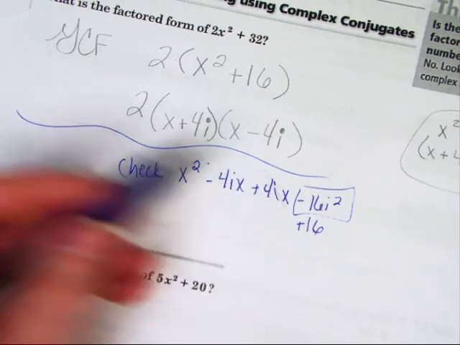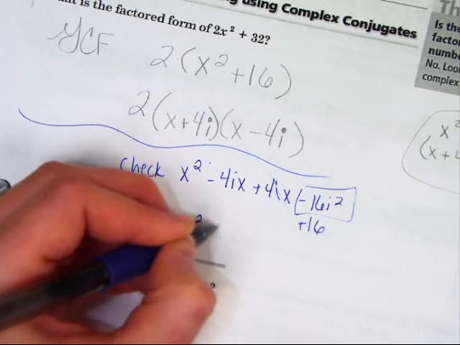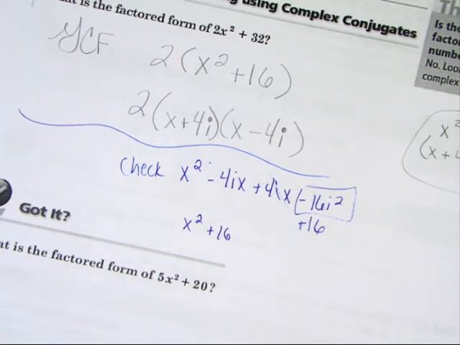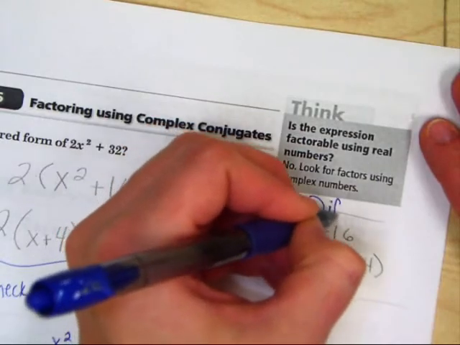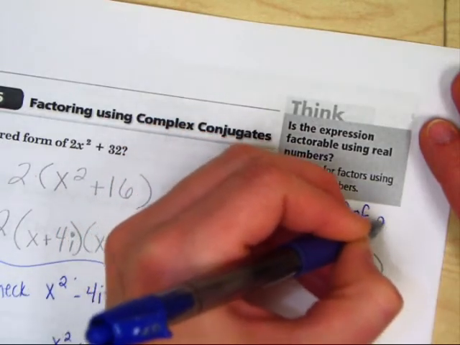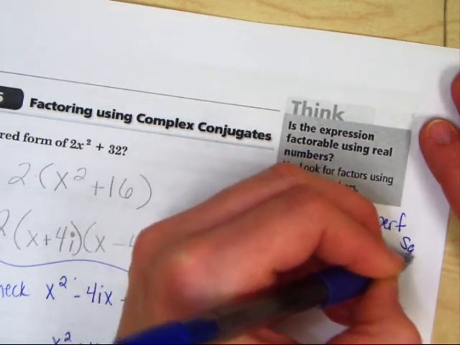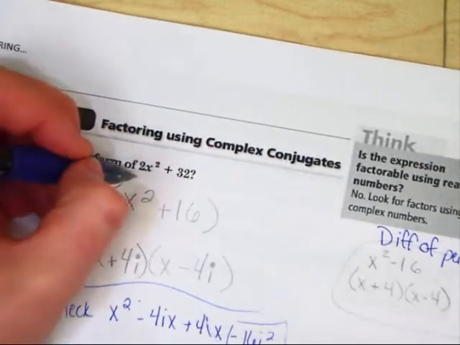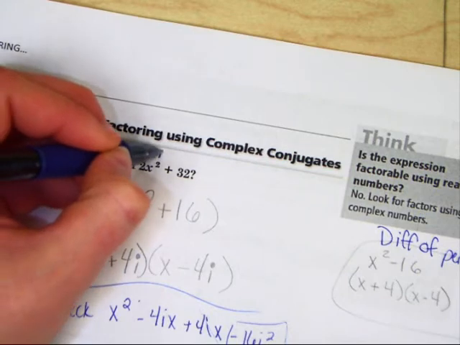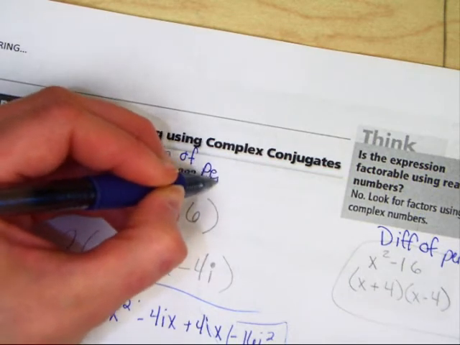The 4i's would cancel out, and that proves that you would get x squared plus 16. So so far, you've always heard of it called the difference of perfect squares, and you know how to factor those. But today you learned how to do the sum of perfect squares.